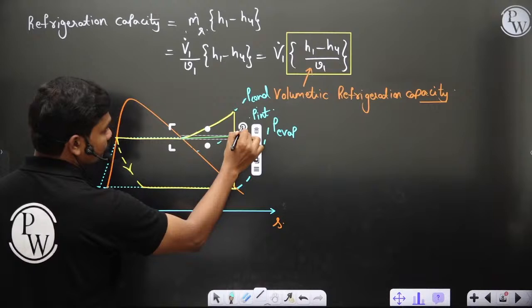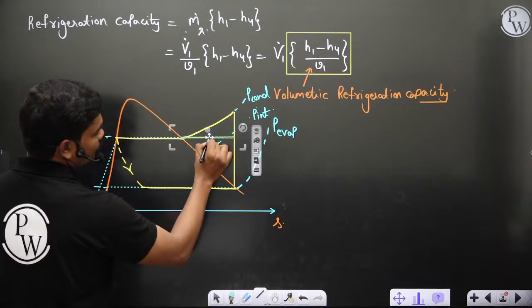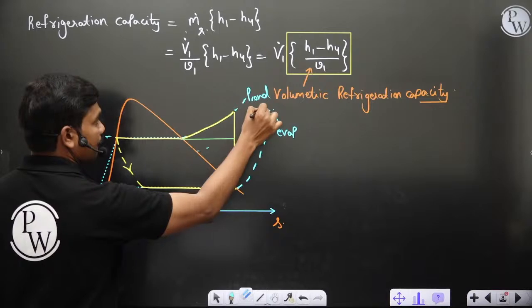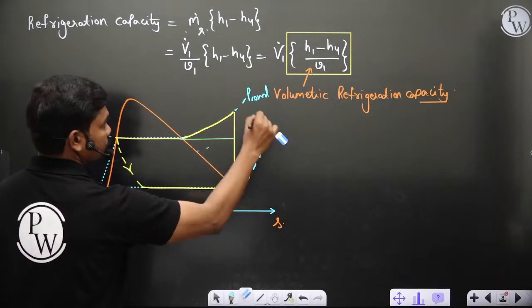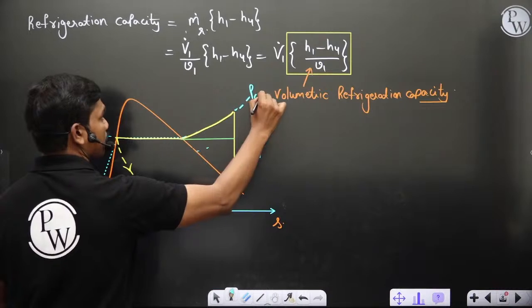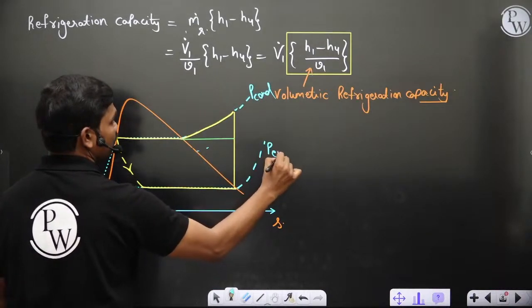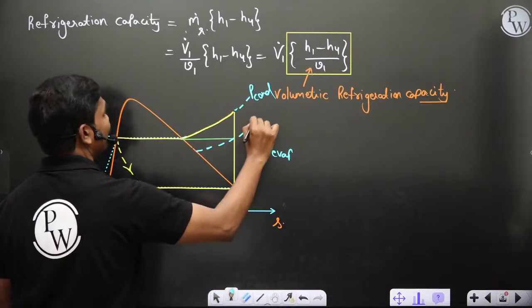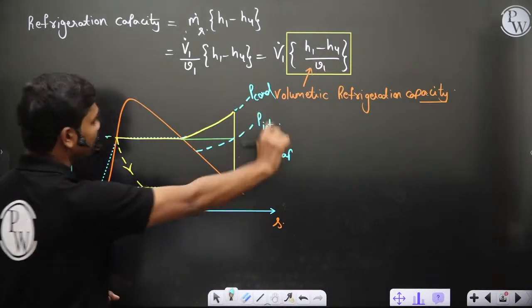Then this P intermediate should pass like this. This is your P condenser, this is your P evaporator, and clearly this is your P intermediate.